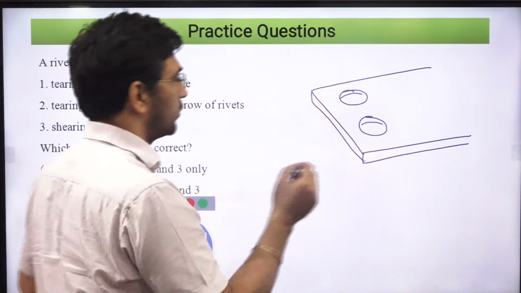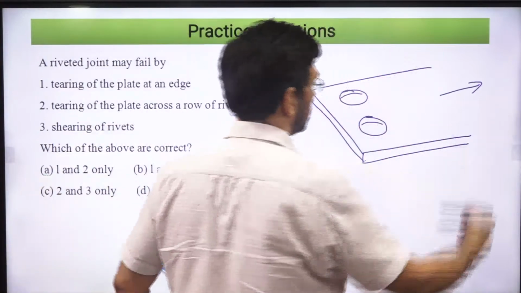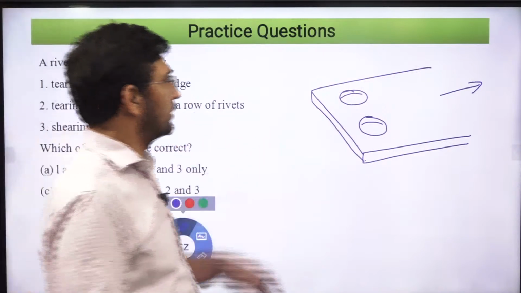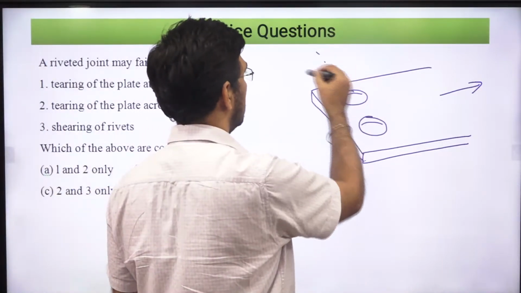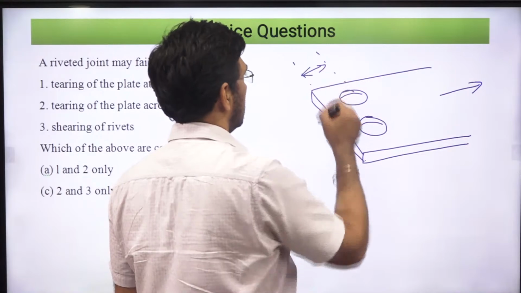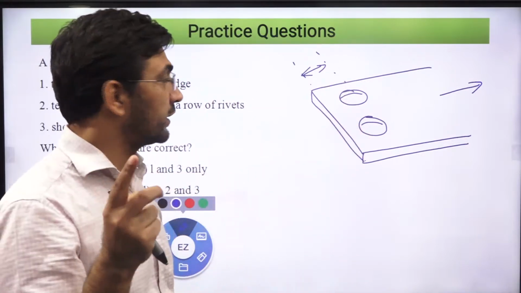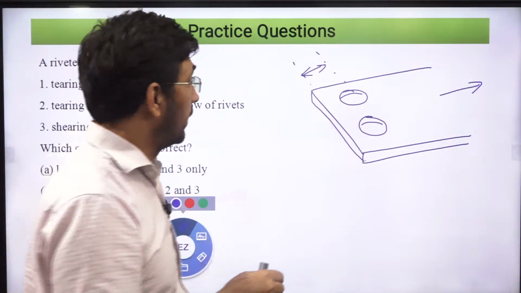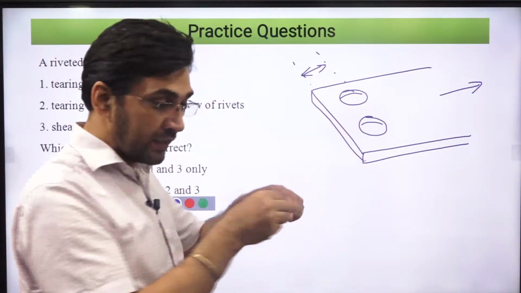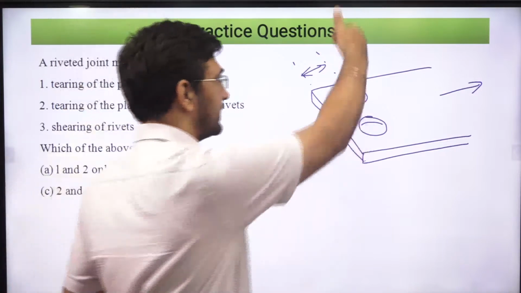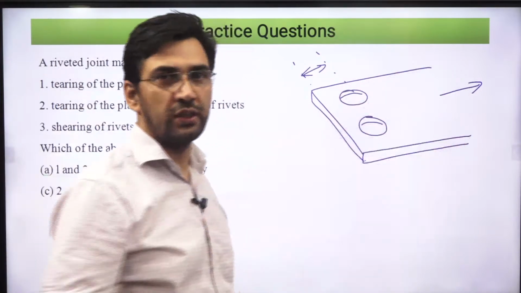Right? So when you are using riveted joint, so let's talk about this tearing of the plate at the edge. You know, this is the margin area, right? There are two types of tearing failure or tensile failure that we talk in the case of plate. One is कि जब plate को मैंने खींचा, so across the section वो टूट गई at any section, and that section has to be the minimum cross sectional area.